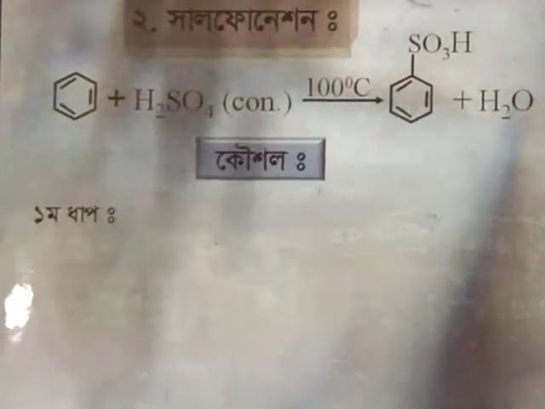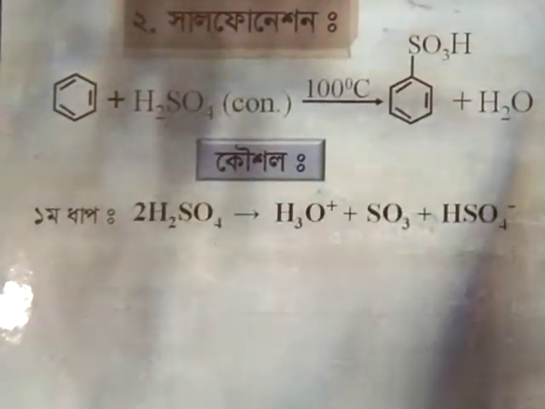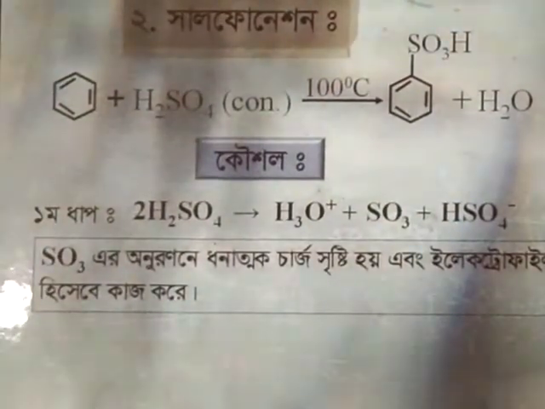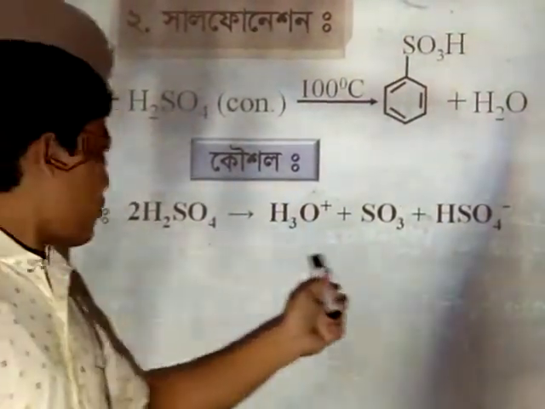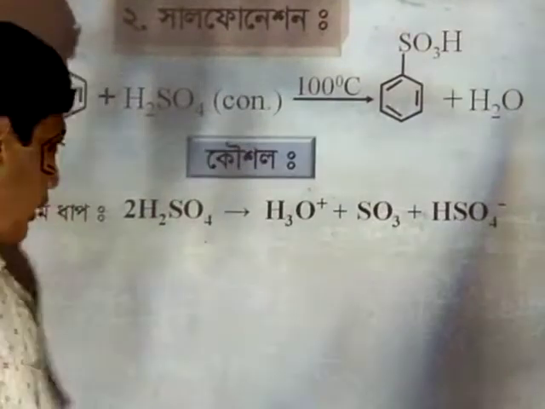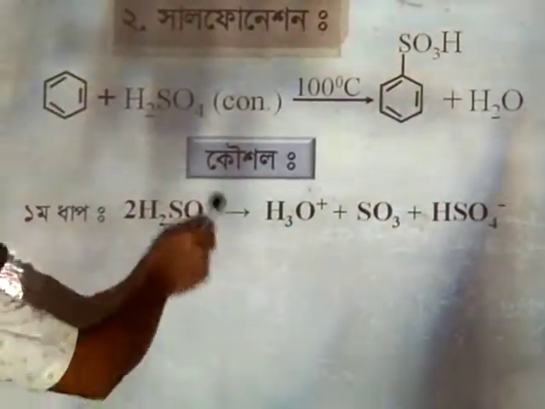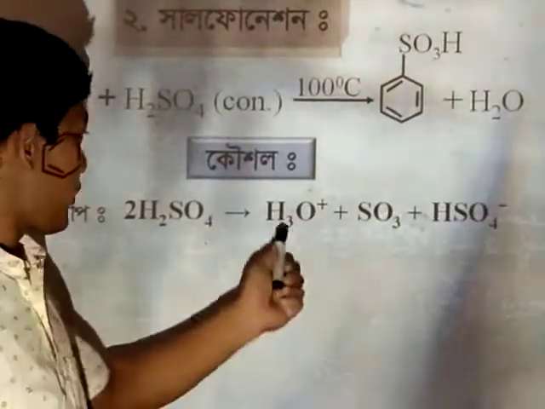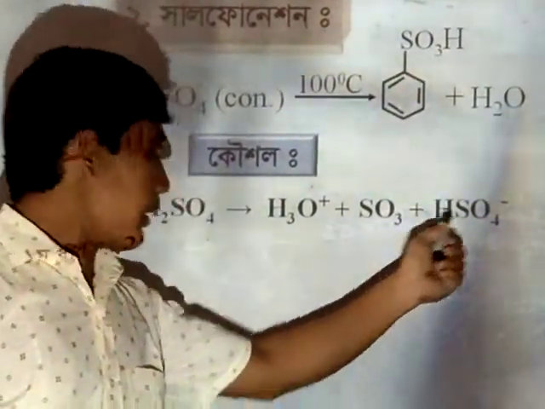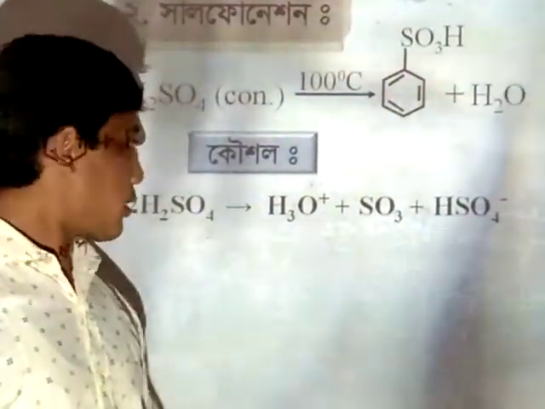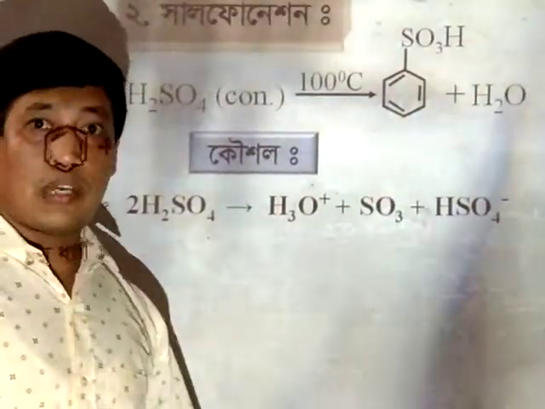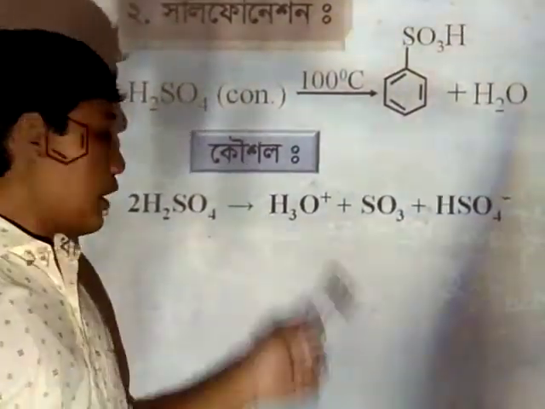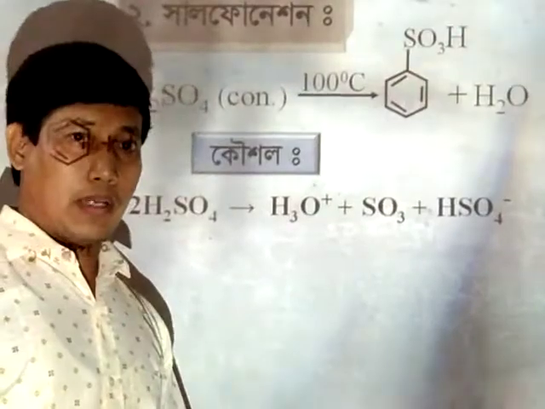Here 2 moles of sulfuric acid react to each other and produce electrophile and others. Here see, 2 moles of sulfuric acid react to each other, produce hydronium ion, sulfur trioxide and bisulfate ion. Dear student, in our previous classes we have known that the electrophile is the positive one.